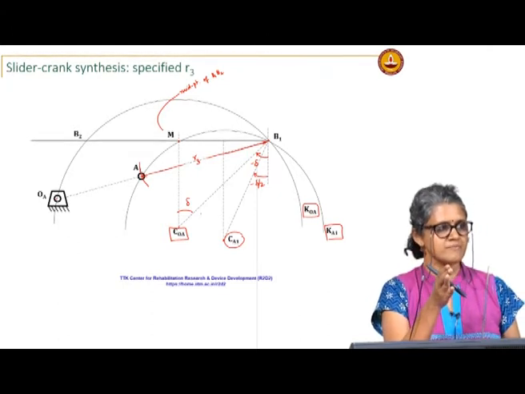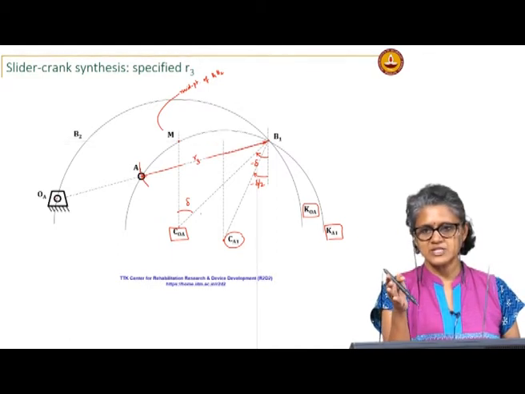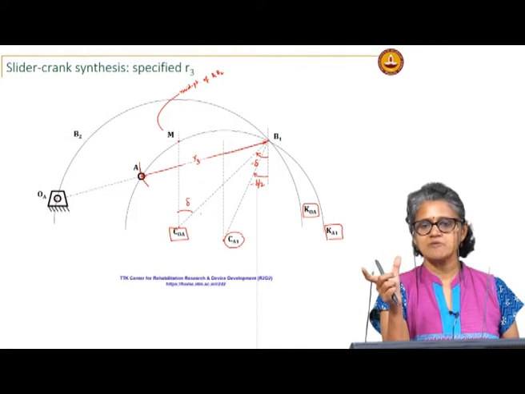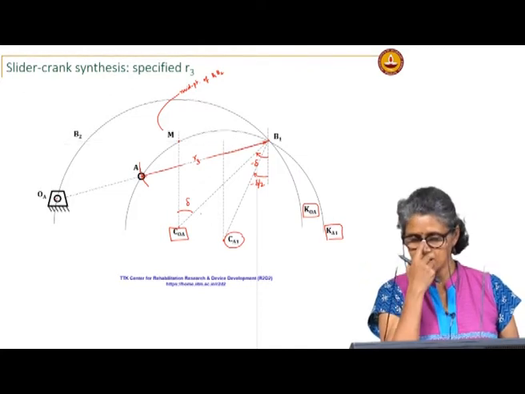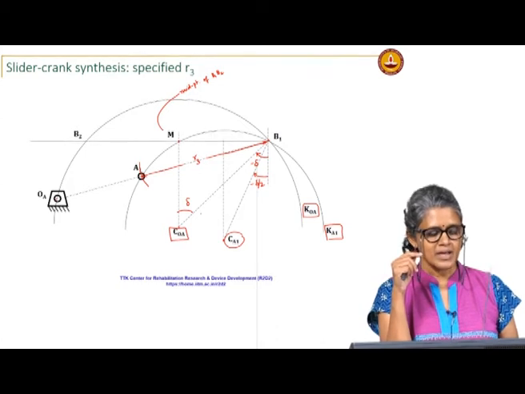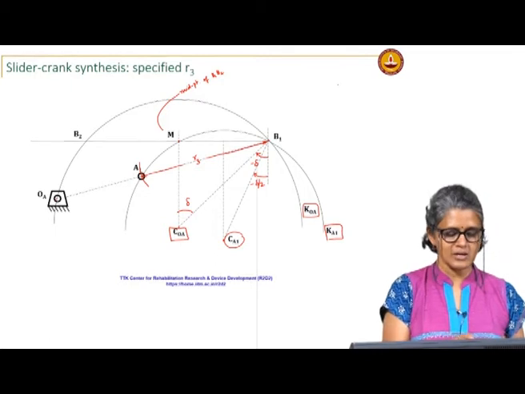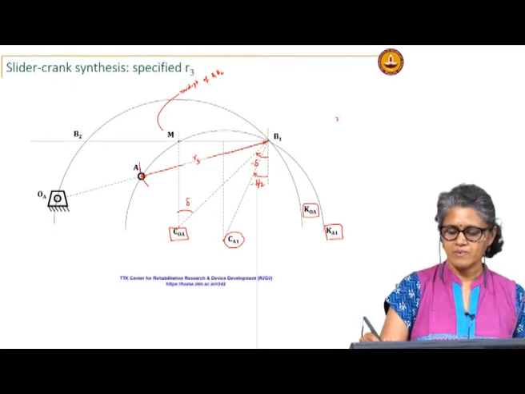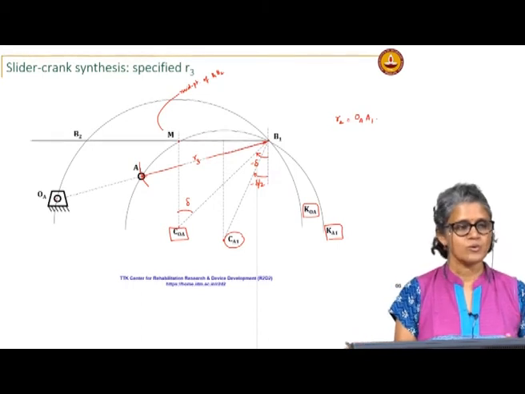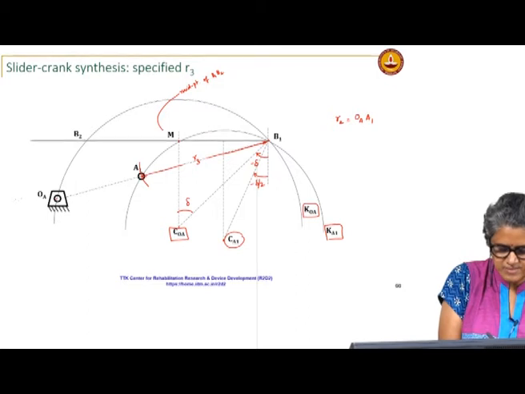So, I have a particular stroke length, I have a particular time ratio, I have a particular link length for the connecting rod, and now once I do this, how do I find R2? R2 is OA A1, and my offset is this.